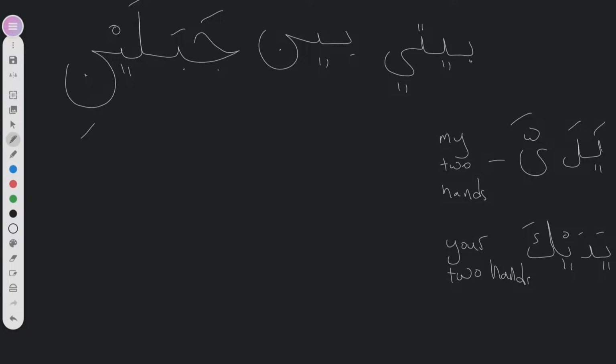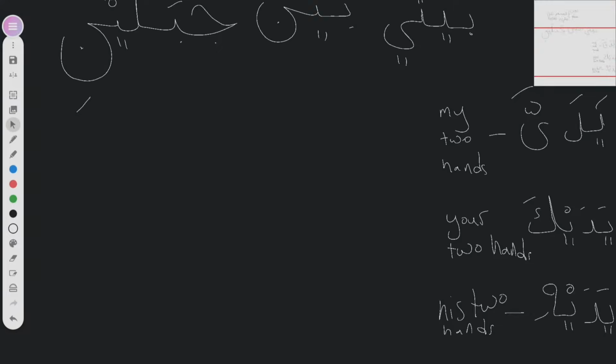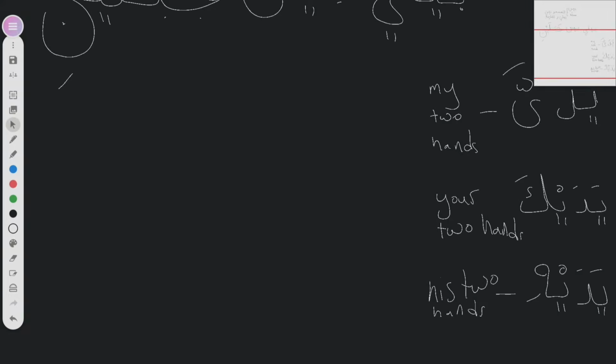Yadaika, yadai, and then we have yadaihi in the verse. Yadaihi means his two hands or his hands. Clear?